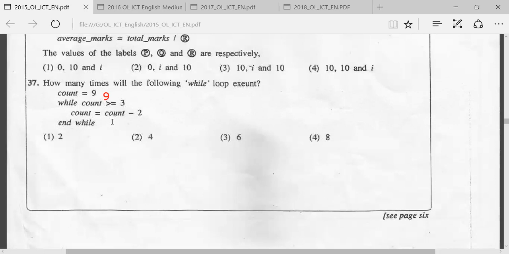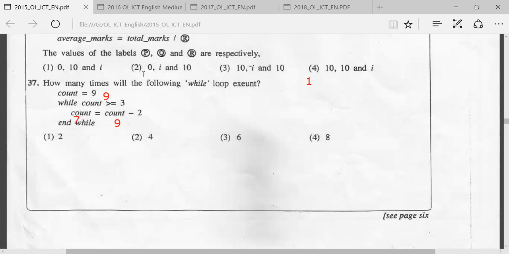Count equal count minus 2. So count is 9, 9 minus 2, the new count will be 7. So one time execution is done.